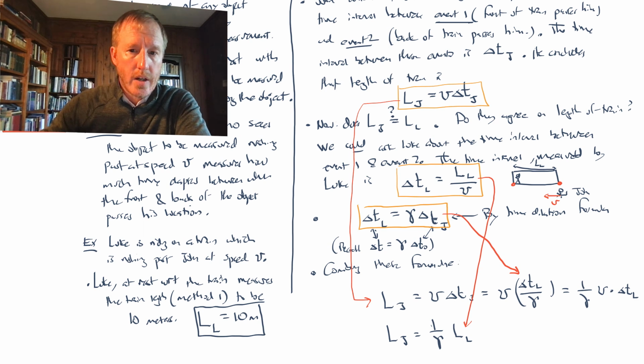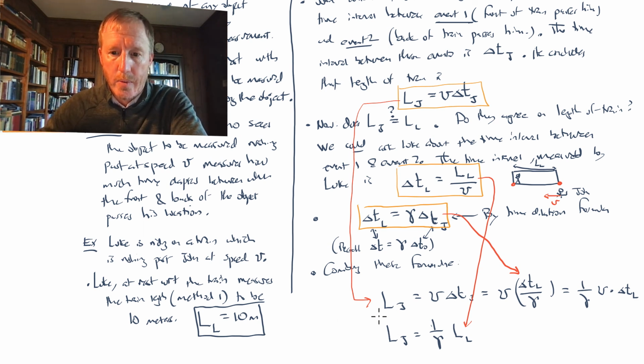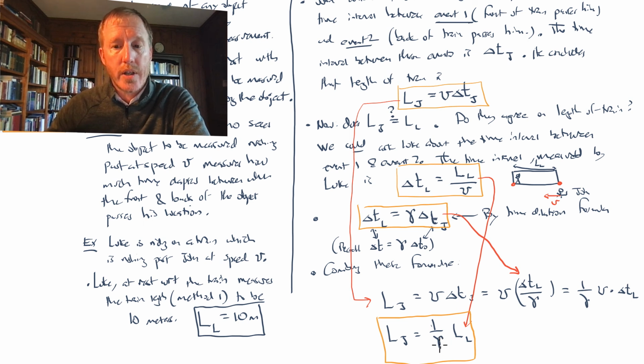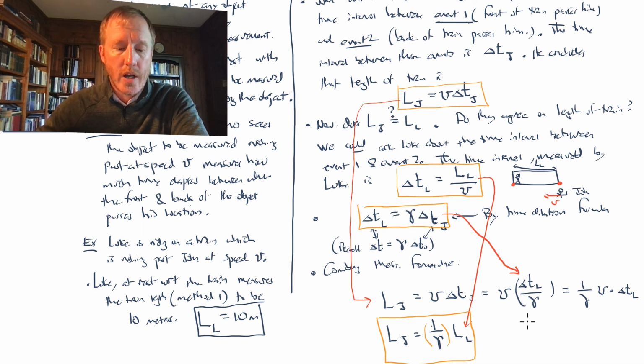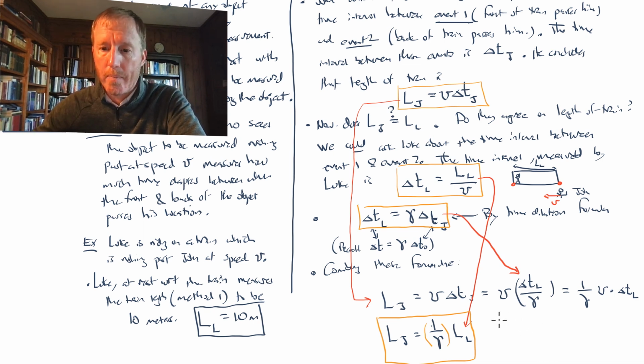So the length according to John is equal to the length according to Luke divided by gamma. Notice that gamma is bigger than 1, as always. So if you have a larger than 1 number in the denominator, this factor, 1 over gamma, is going to be less than 1. And so the length according to John is going to be less than the length according to Luke. In other words, John measures that the train is shorter than 10 meters.